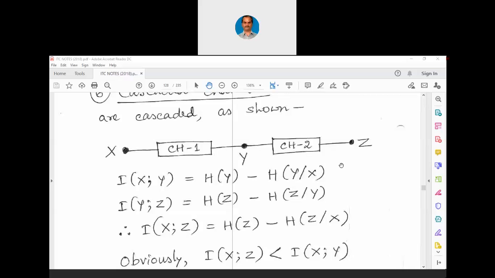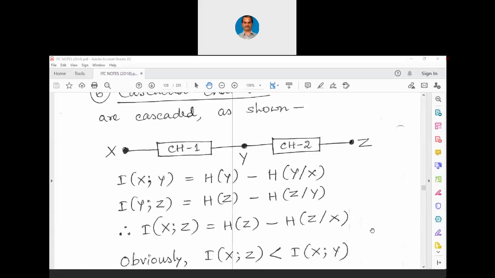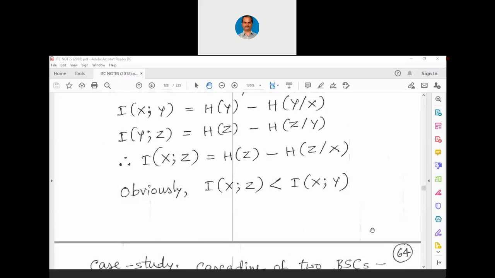We are not dealing with the ideal channels here. We are not dealing with the purely noiseless channels or the purely deterministic channels also. Actually, those two channels are supposed to be ideal channels. We are not dealing with the ideal channels at all. We are dealing with the practical channels. So, in such a way, obviously, I(X;Z) is less than I(X;Y). That is the outcome of the cascaded channel.